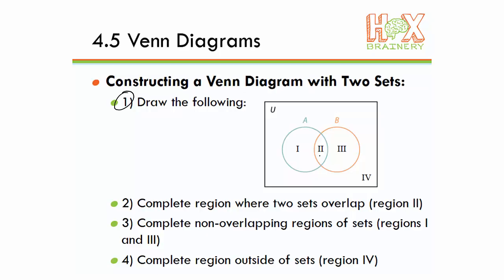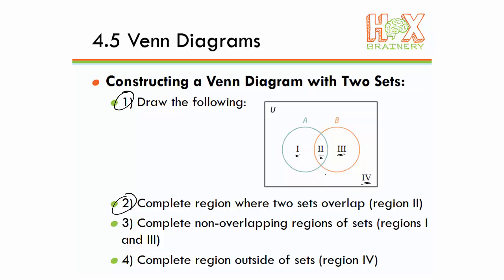So you have this region 2. We're also assuming that set A has some elements that are not in B. That's region 1. And we're going to assume that B has some elements that are not in set A. That's region 3. Then we'll have a region 4, which is outside of both sets A and B. And then step 2, you're going to complete the region where the two sets overlap.